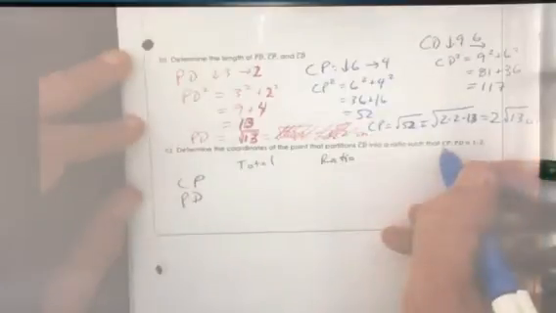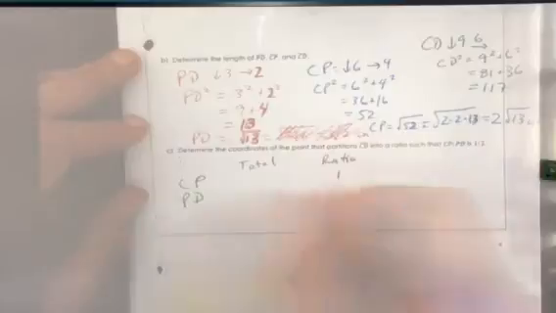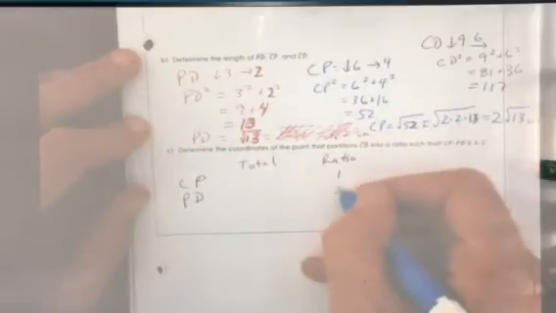Okay, so our total and then our ratio, CP and PD. So this says that our ratio for CP should get 1 and PD should get 2.